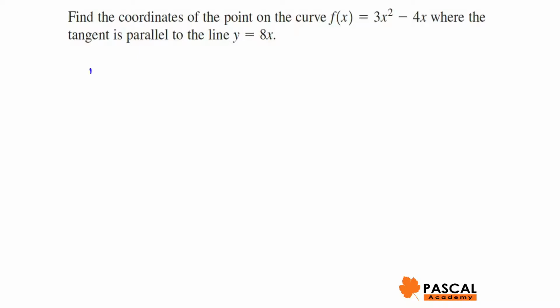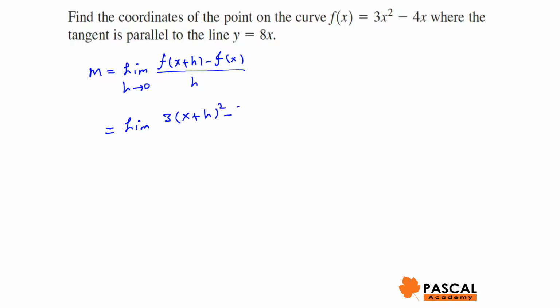The slope of the tangent line is the limit of f(x plus h) minus f(x) divided by h as h approaches 0, which is the limit of 3 times (x plus h) squared minus 4 times (x plus h) minus (3x squared minus 4x), divided by h, as h approaches 0.